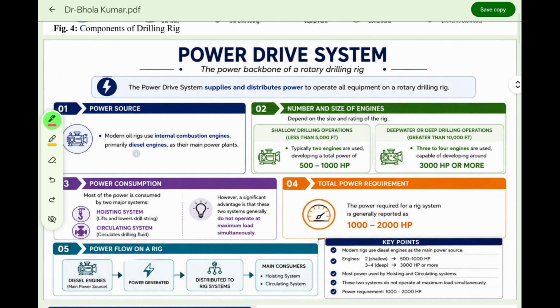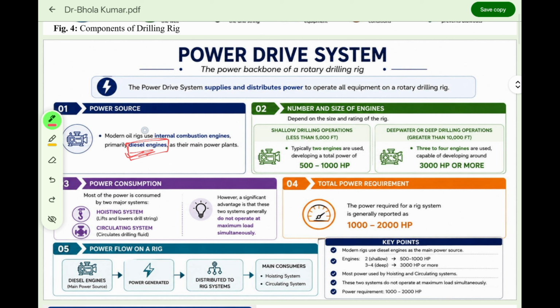This diesel cycle basically works on four processes: constant volume, reversible adiabatic compression, then constant pressure heat addition, then expansion, if I am correct. The mechanical people will tell you how the diesel engine works.